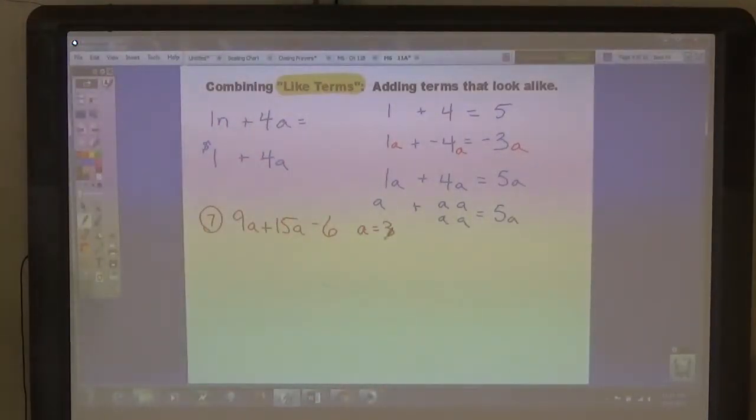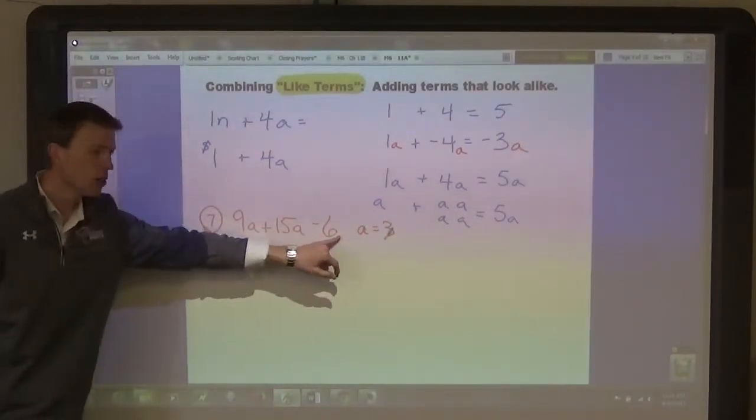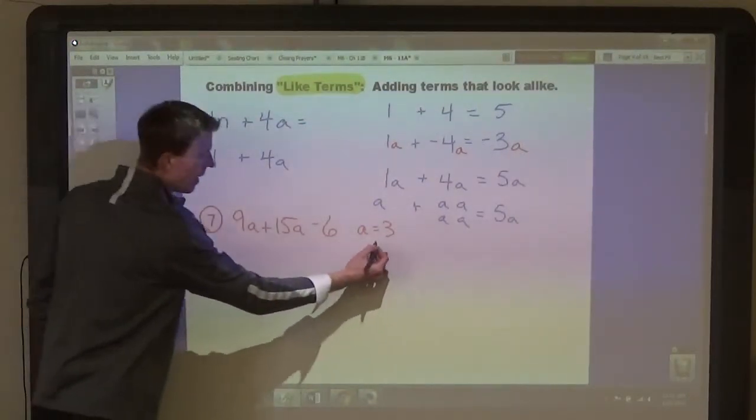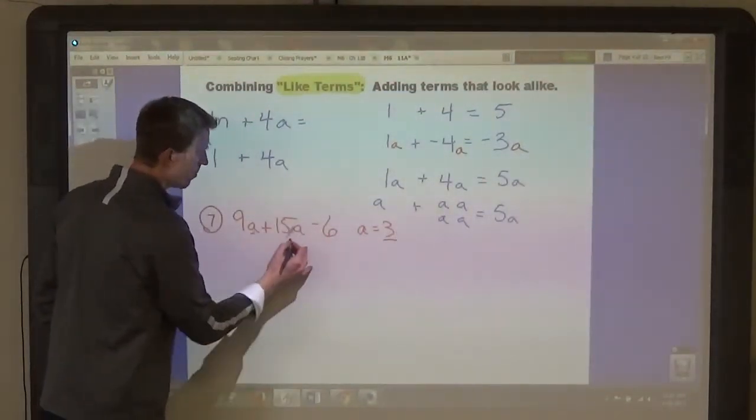So we're going to evaluate this expression, meaning we're going to put the value of a in.